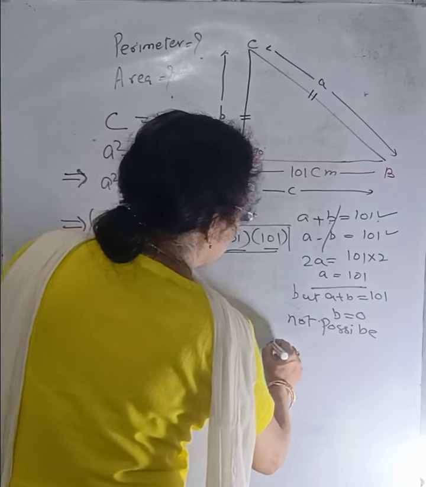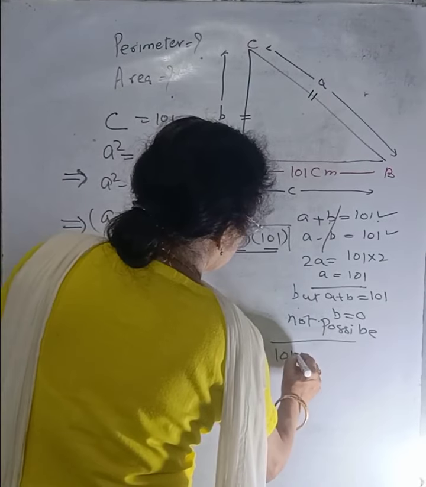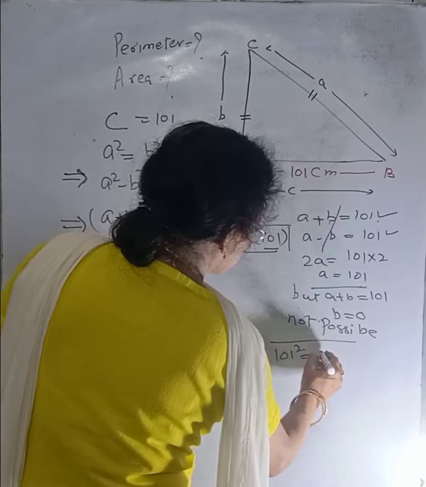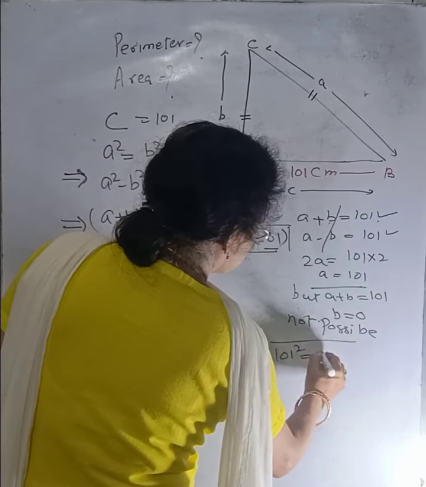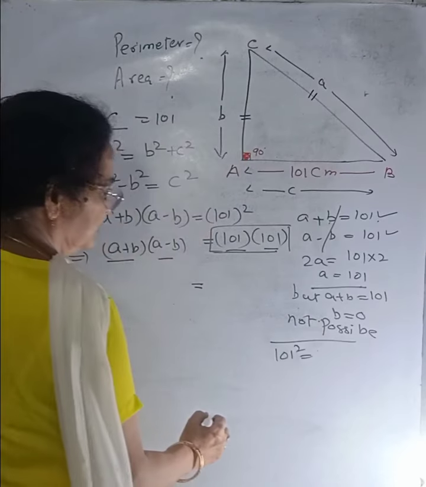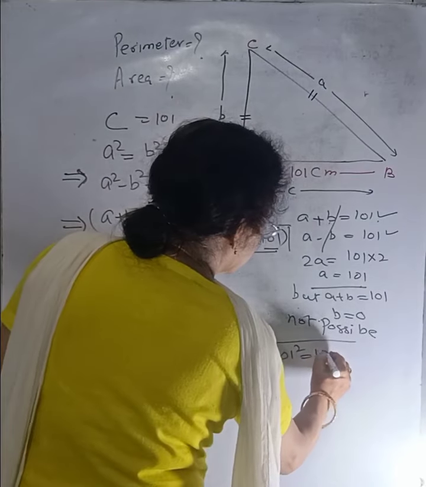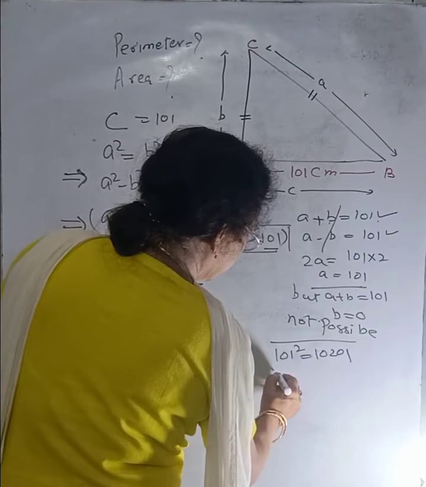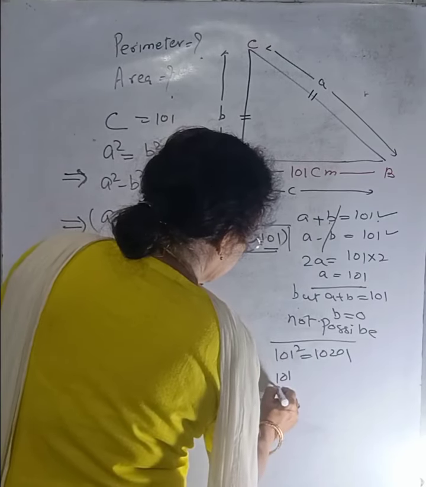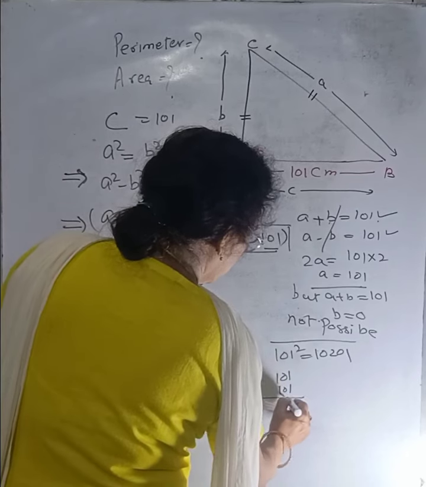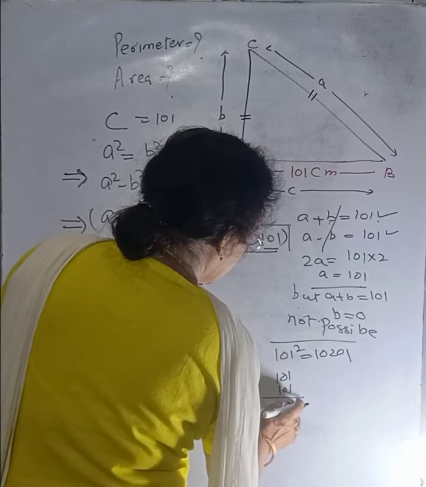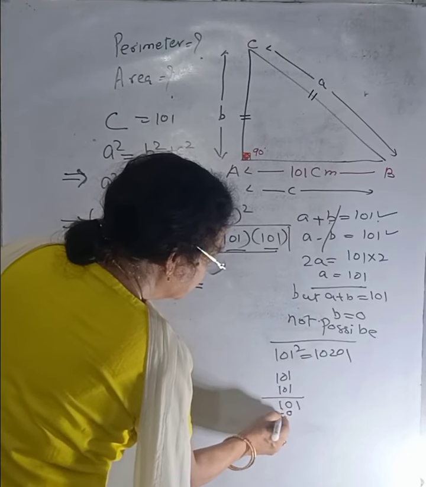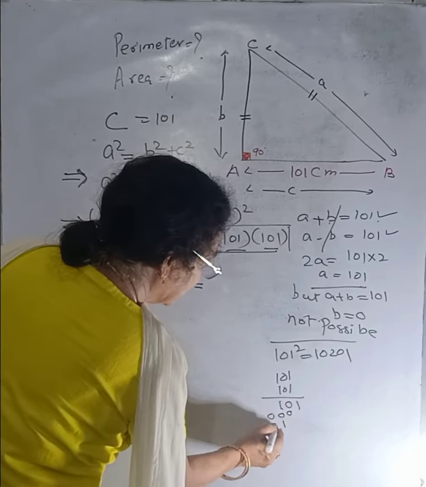101 square, this can be written as 101 square. स्क्वायर करिए, आप इसका स्क्वायर करिए. 101 into 101.